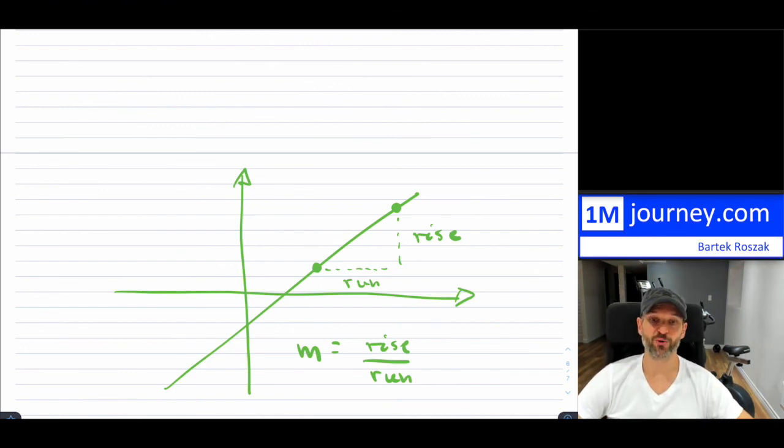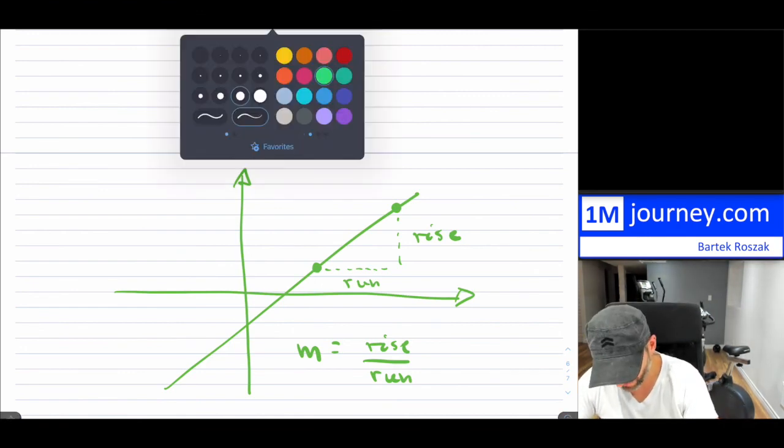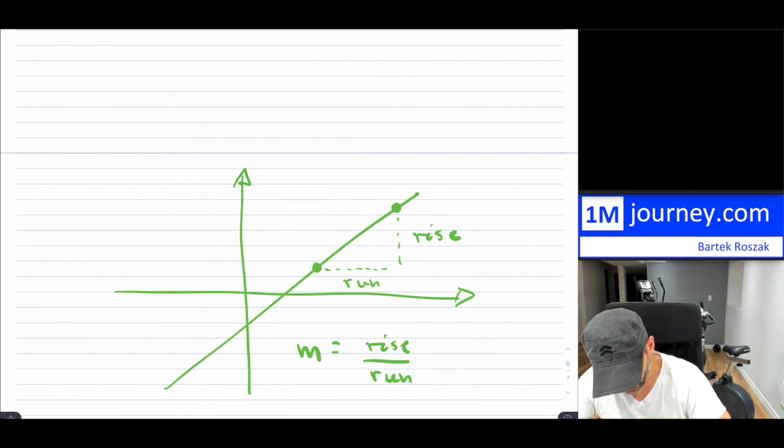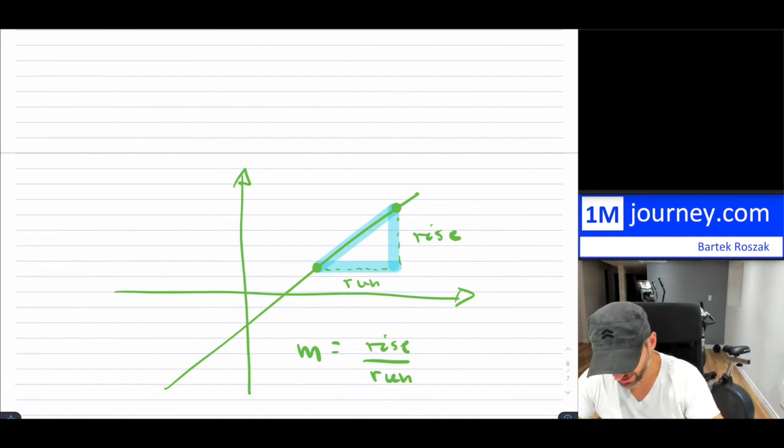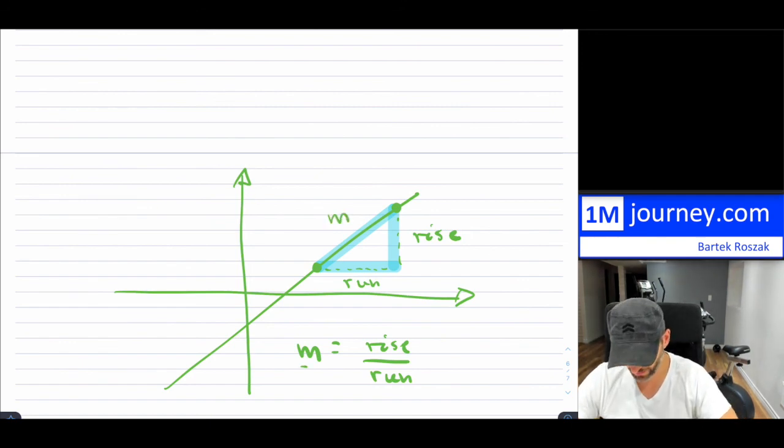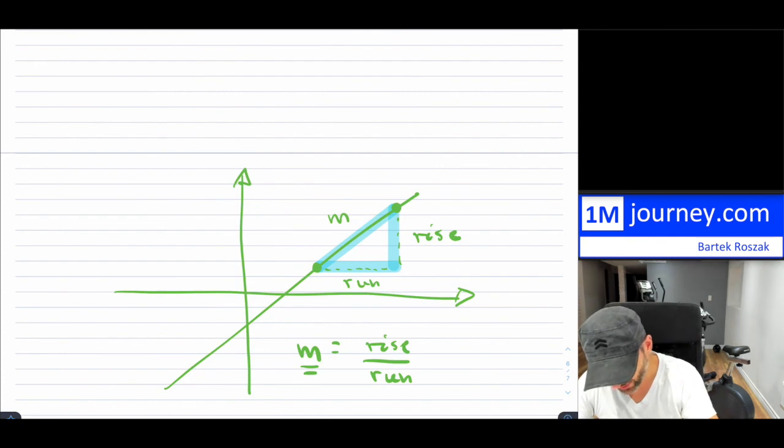Now, what do you notice about this? Whenever you have 2 points and you try to create this slope, it creates a triangle where your slope, M, that you're trying to find out, is your hypotenuse.